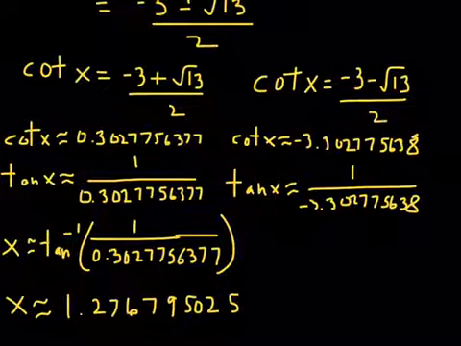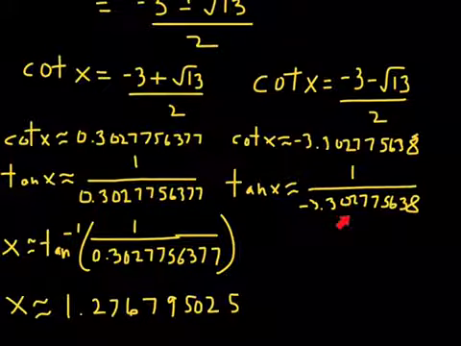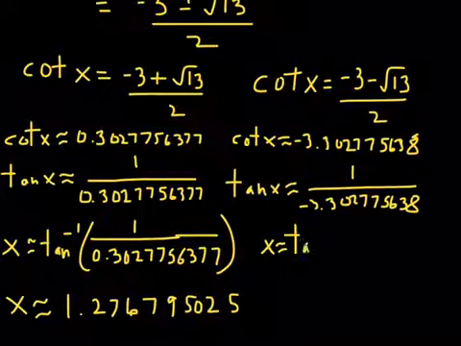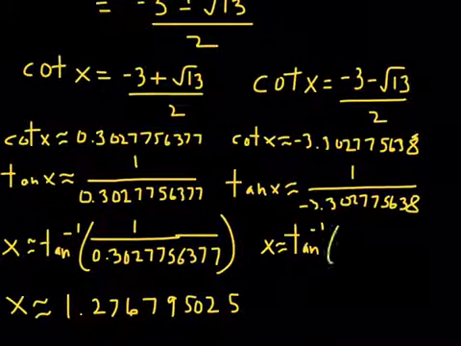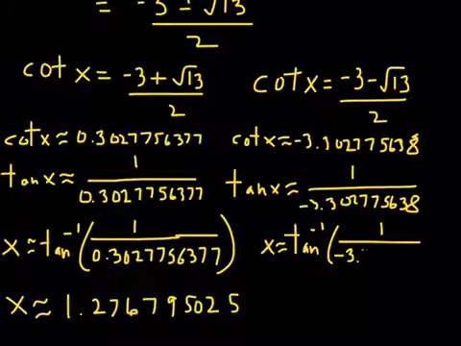Now for this one here, because this is negative, I already know that the calculator is going to give me an answer that's in quadrant 4, yeah? So to get out of there, I'm going to add pi to my answer, just like we did in a previous example. So for this one, x is approximately equal to inverse tangent of this negative number.